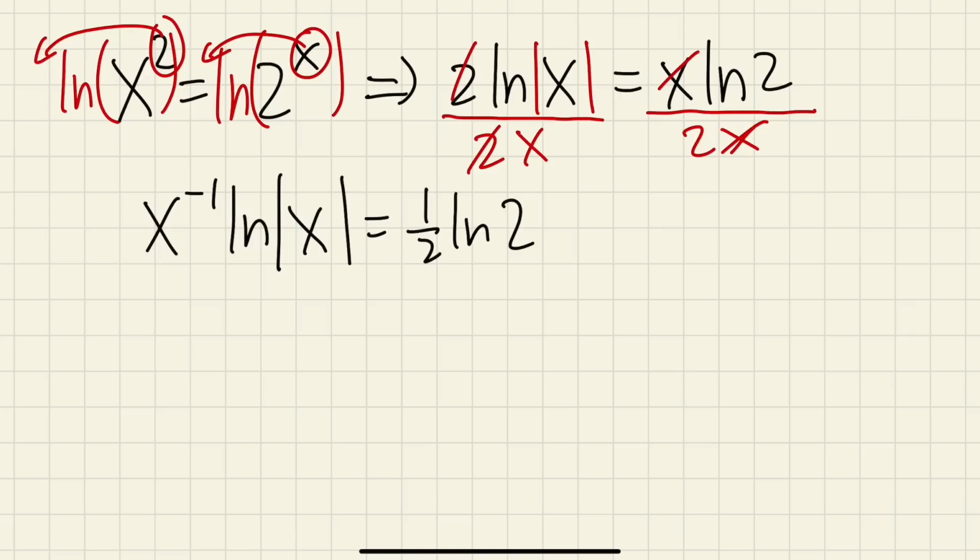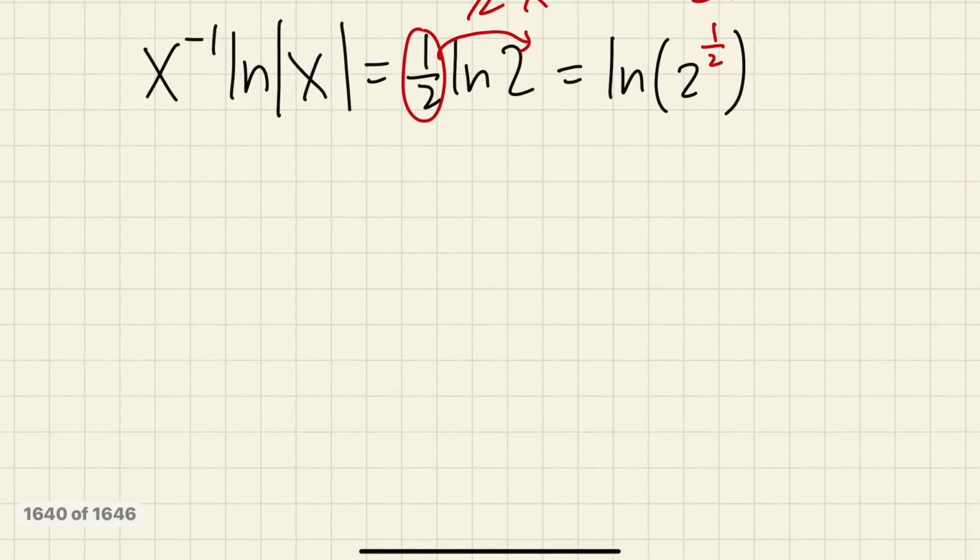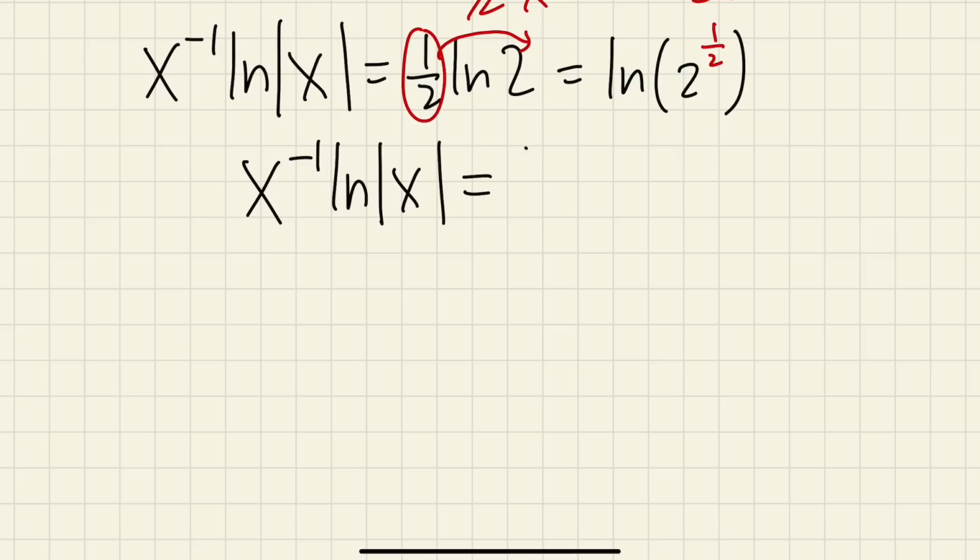And for the 1/2, I'm going to put that up here to make that into an exponent. So that's like ln 2 to the 1/2 power, which becomes the square root. So I will just look at this equation as this. x to the negative 1 times ln absolute value of x equals ln of square root of 2.